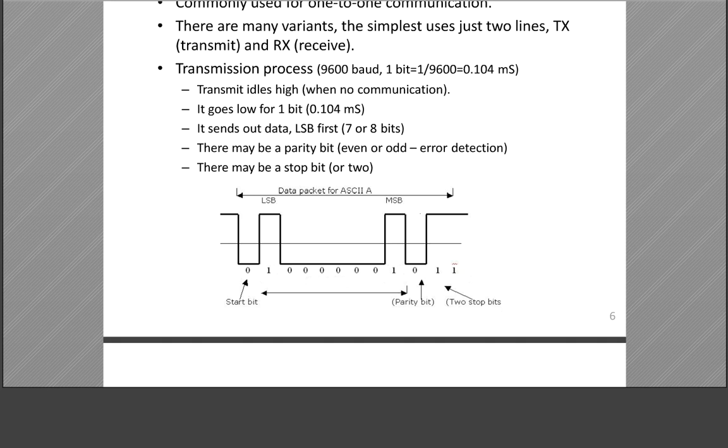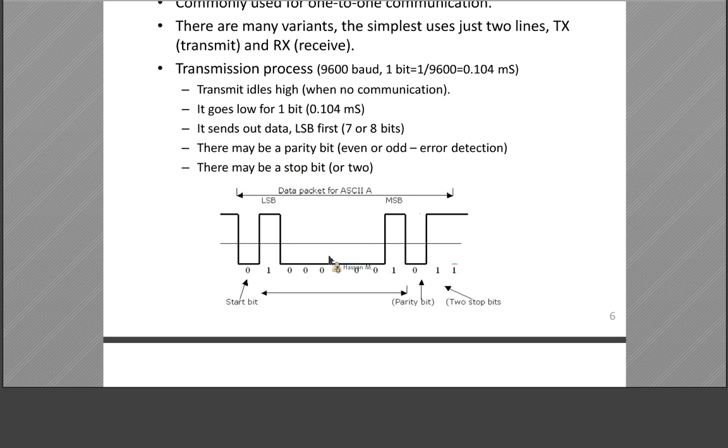We talked about parity previously, you know parity check: parity even, parity odd, etc. Does anyone not know what parity is? Do all of you know? Then there may be a stop bit, 1 stop bit or 2 stop bits.